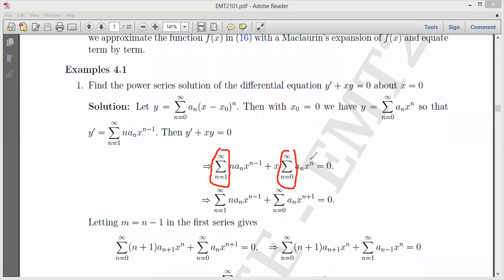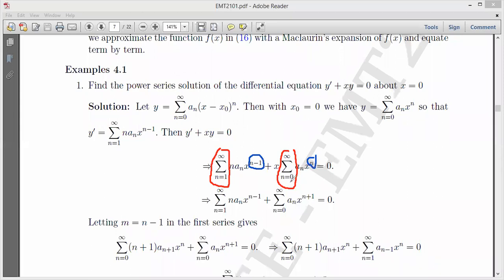Then the power here, maybe I change that to a different color, the power must also be the same. This power here must be the same as the power there. So in this case, we have inconsistencies. You can see that this power here is n, that power is n minus 1.